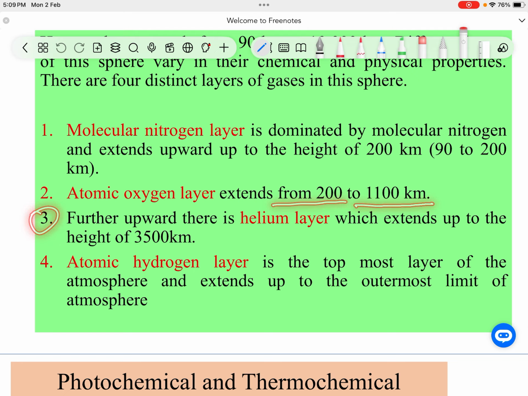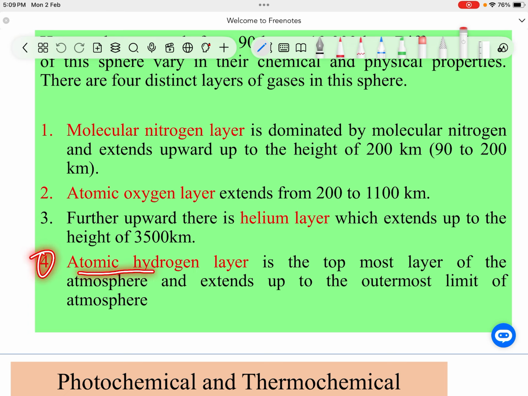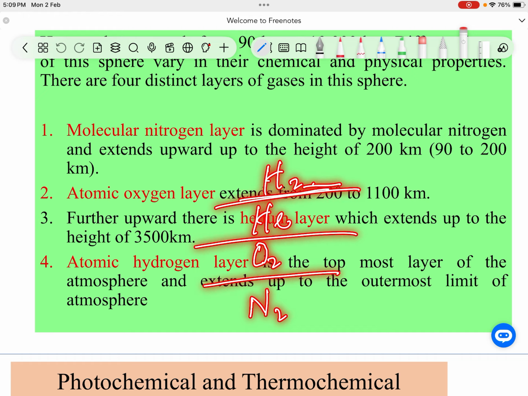Then the third layer is the helium layer, which extends up to a height of 3500 kilometers. The fourth layer is the atomic hydrogen layer, the topmost layer of the atmosphere. So the sequence of these layers is: the lowest one is the nitrogen layer, the second is the oxygen layer, third is the helium layer, and fourth, the topmost, is the hydrogen layer.